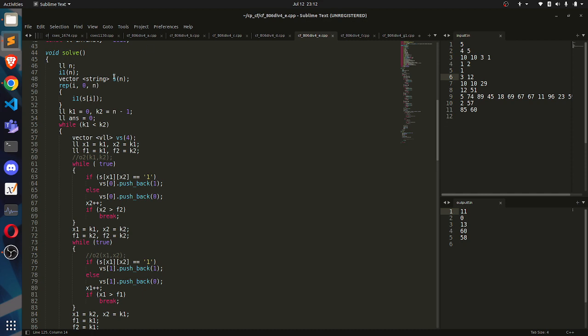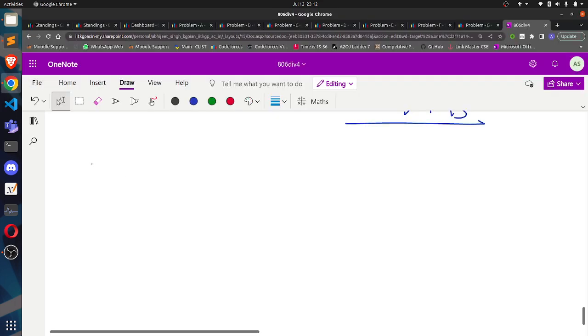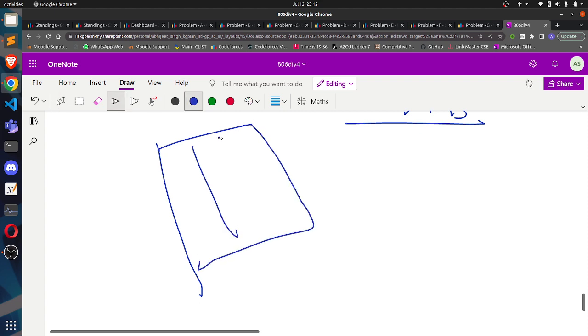I'm storing the two endpoints for my boxes. If it is, supposedly, a 3 cross 3, my first positions will be this and this, then it will come down to this one only in the second combination.